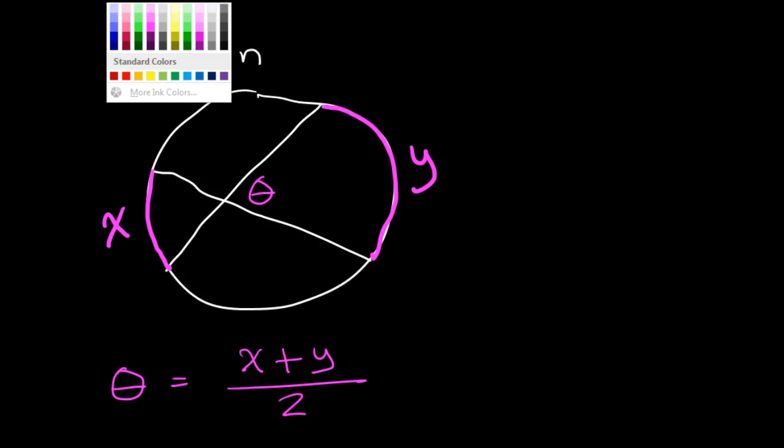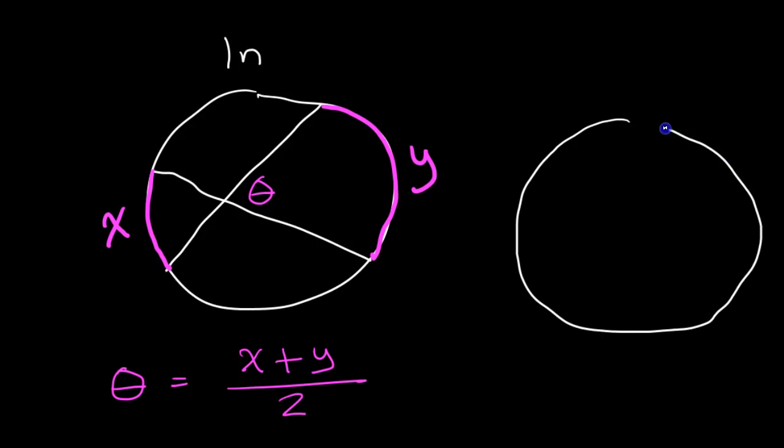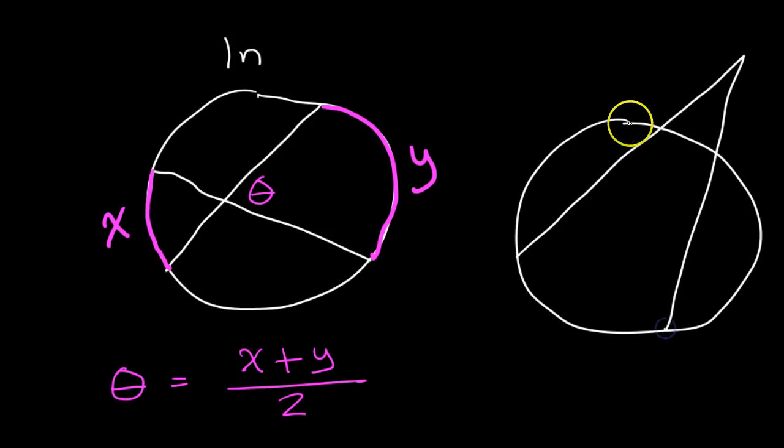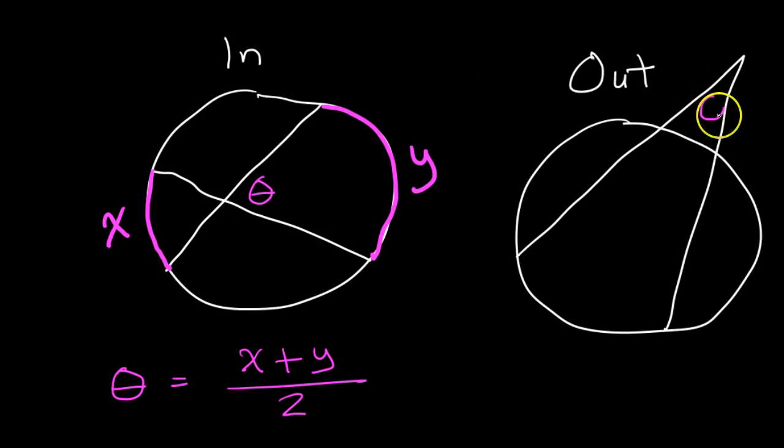And then the last relationship we're going to look at today is what happens when the angle vertex is outside of the circle entirely. So let's say we have a situation like this where the angle goes outside the circle. In this case, this is my angle right here.